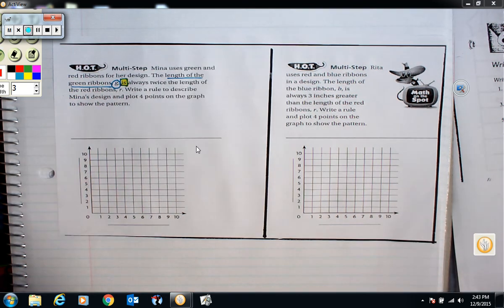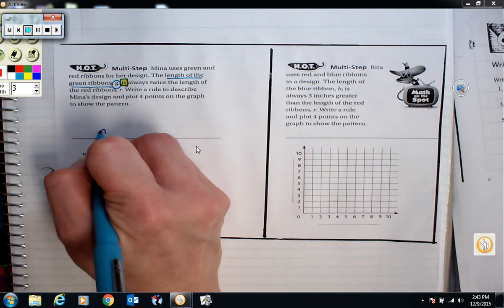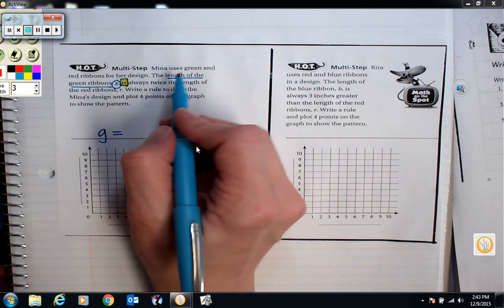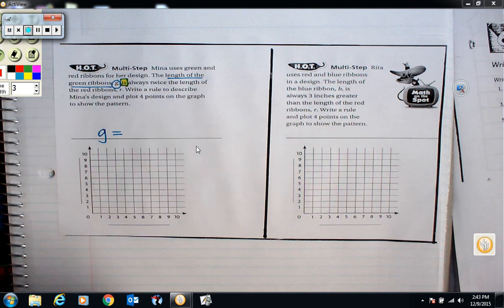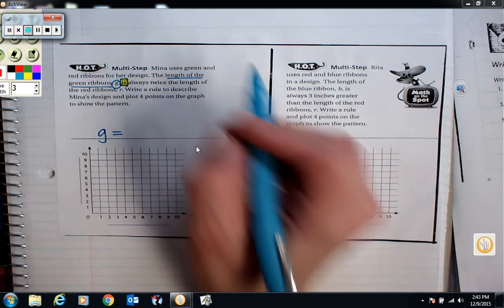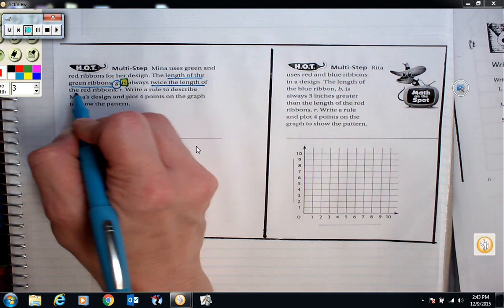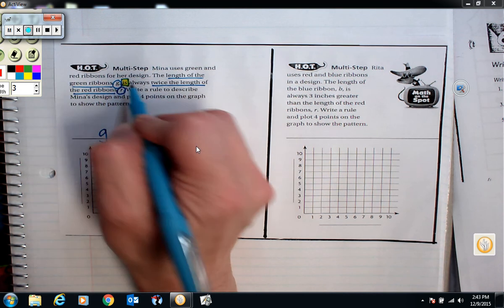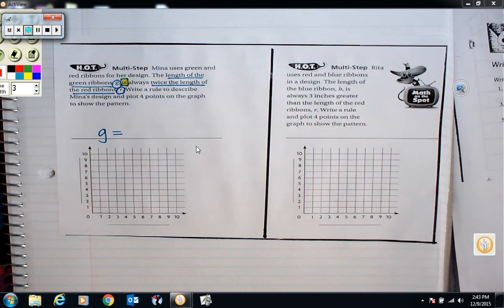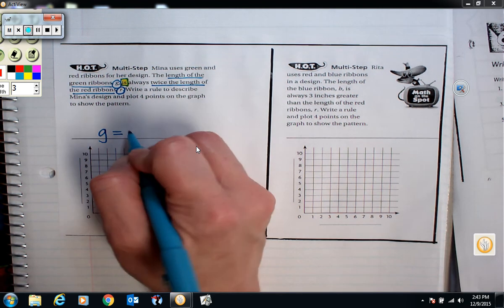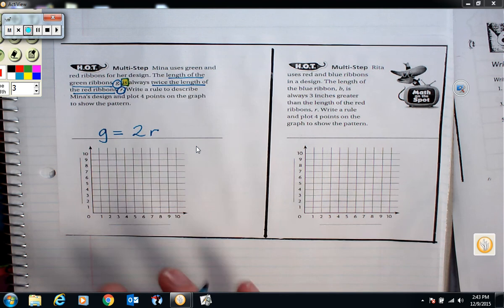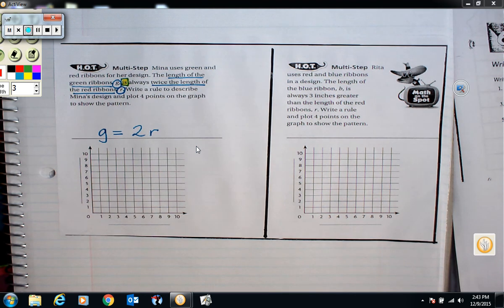So I can go ahead and start down here that G equals, because the length of the green ribbon G is. That's G equals. And it says that it's always twice the length of the red ribbons R. So if I want twice the length of the red ribbons, that means I'm going to multiply the red ribbons times 2. So my equation for the rule is G equals 2R.